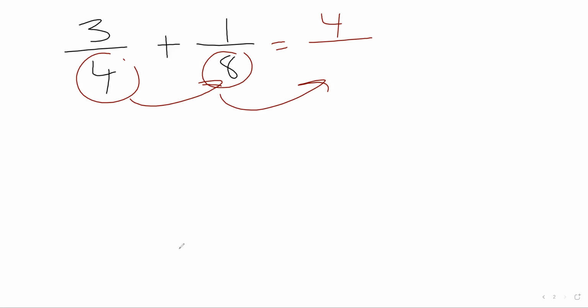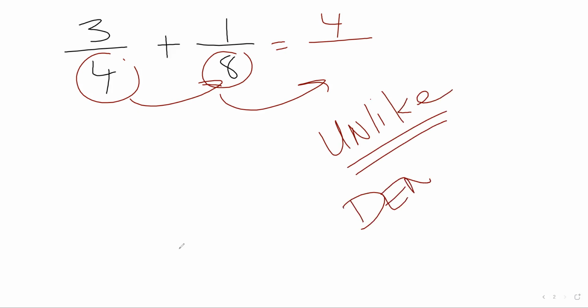This is what we refer to as unlike denominators. We have denominators that are not the same. Now we can still add these together and we can subtract them as well. We just can't do it in the way that we've looked at it before.